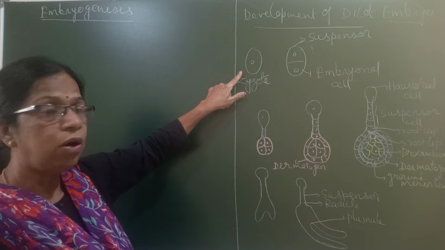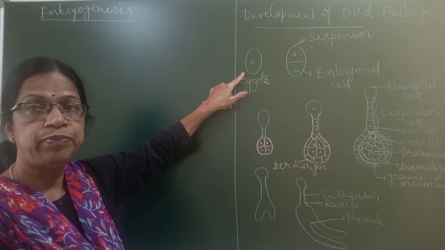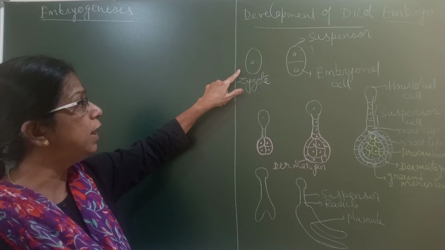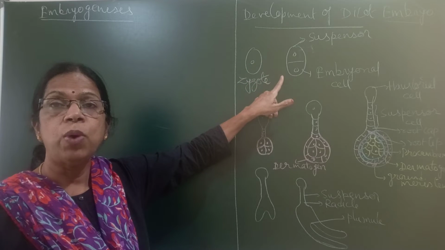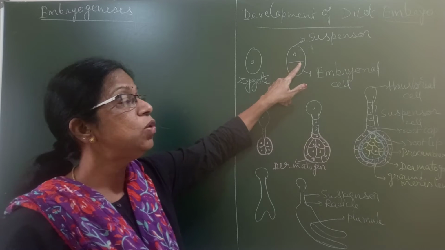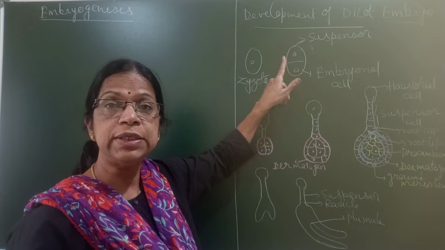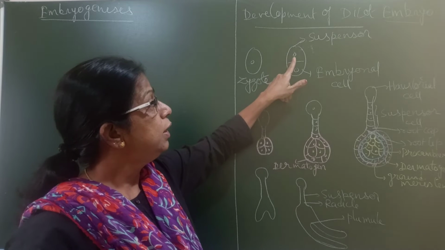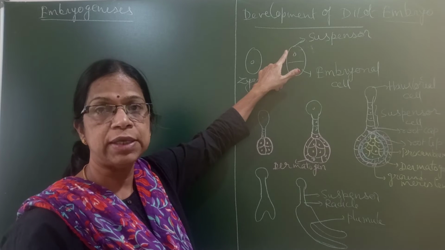We all know that the first cell of the embryo is the zygote. Zygote will always be the first cell, and this zygote will initially undergo one mitotic division. This is one transverse division the zygote will undergo. As a result of this transverse division, it will develop two cells, the embryonal cell and the suspensor cell.